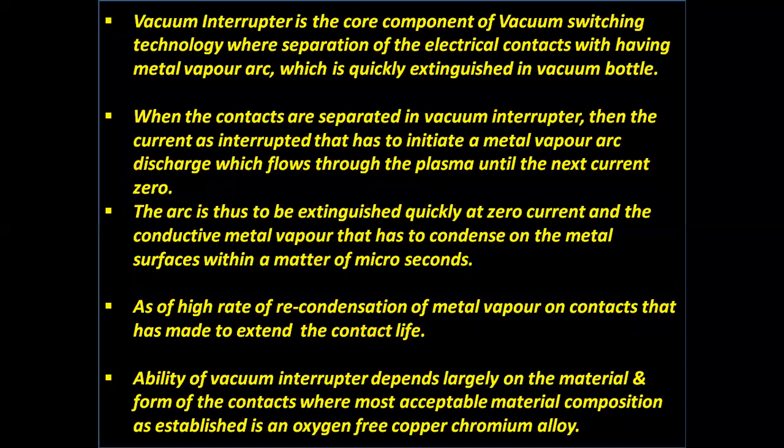When the contacts are separated in the vacuum interrupter, the current is interrupted and initiates a metal vapor arc discharge which flows through the plasma until the next current zero. The arc is thus extinguished quickly at zero current, and the conductive metal vapor condenses on the metal surfaces within a matter of microseconds.